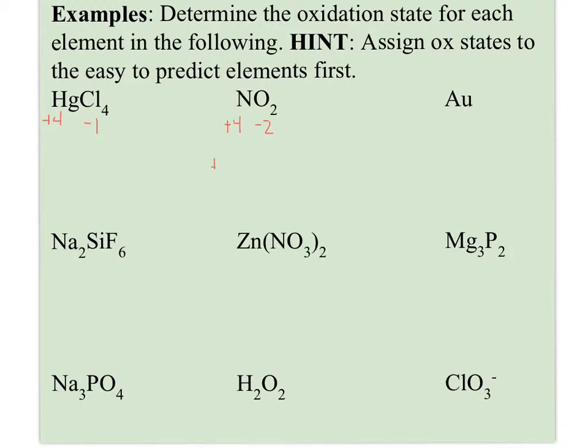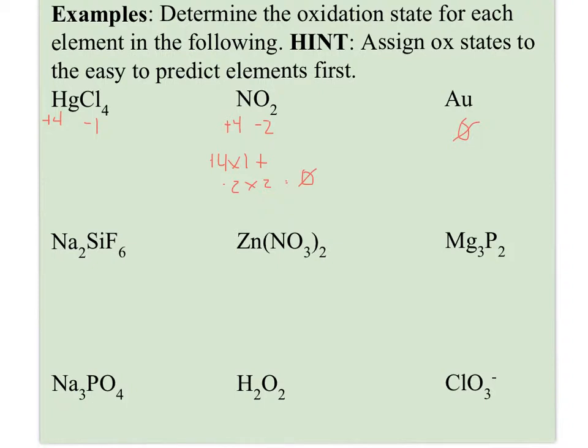So I've got +4 times the 1 nitrogen, plus I've got the -2 times the 2 oxygen, and that gives me an overall charge of 0. Au all by itself, 0.